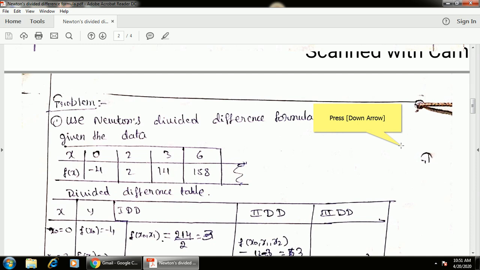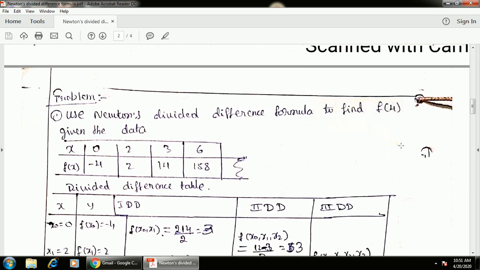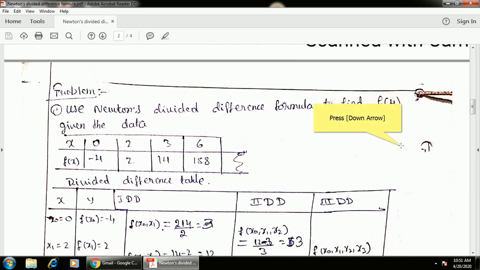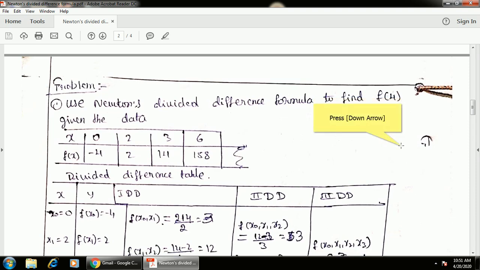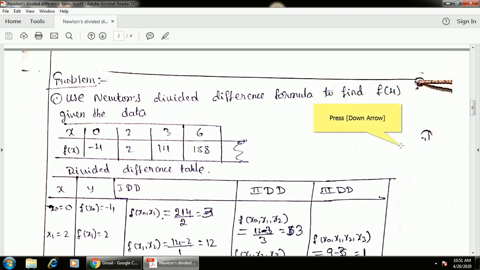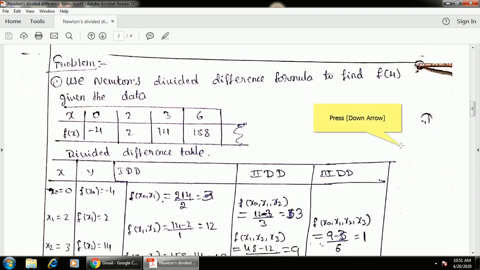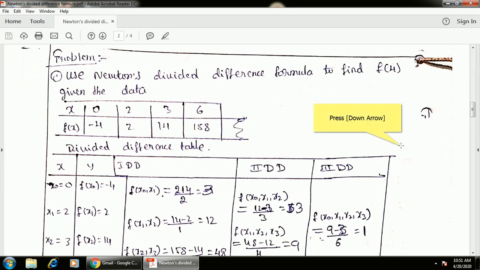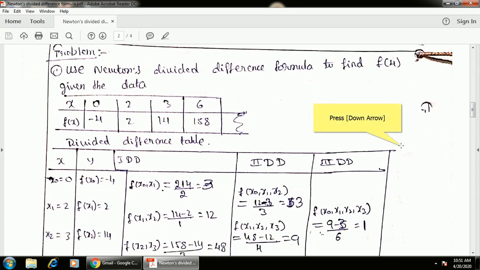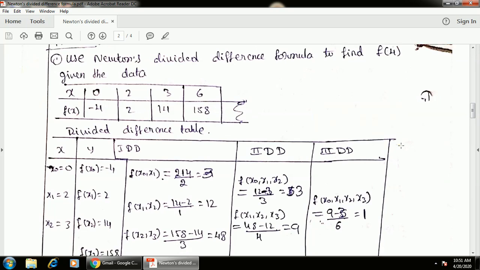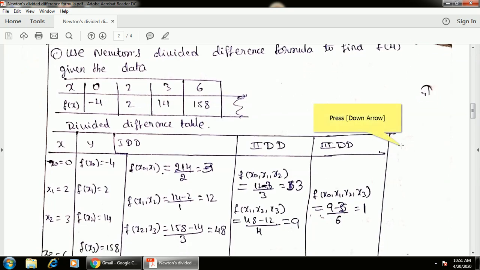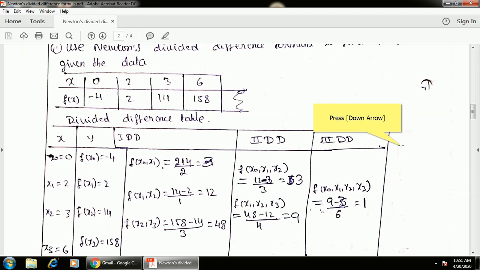X values are 0, 2, 3, 6 and the corresponding values of the function are minus 4, 2, 14, 158.